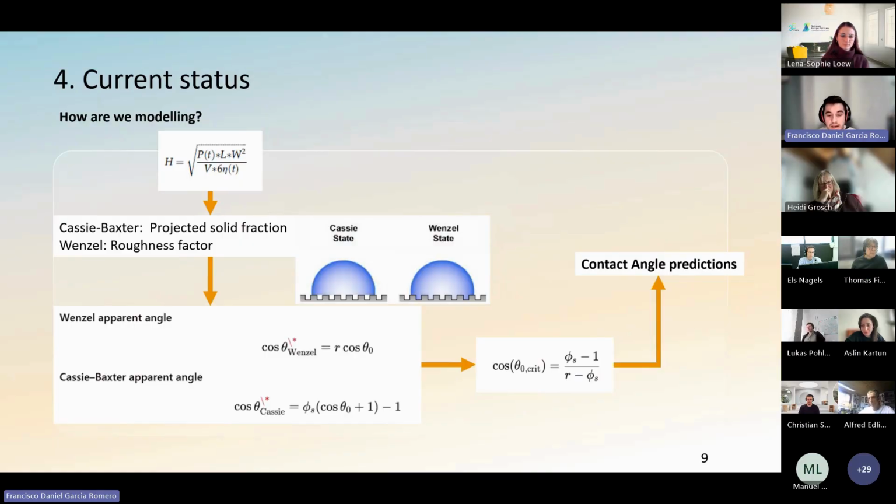Finally, you can have a decision on whether it is more Cassie state or more Wenzel state, the final result. Finally, you can have a prediction of all of these parameters, how they affect the final contact angle, and try to keep up with the experimental results that the other teams are obtaining, in this case for the embossing.